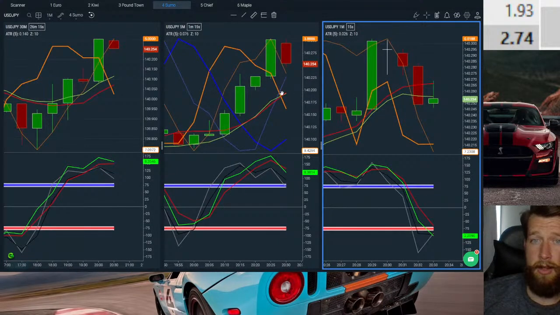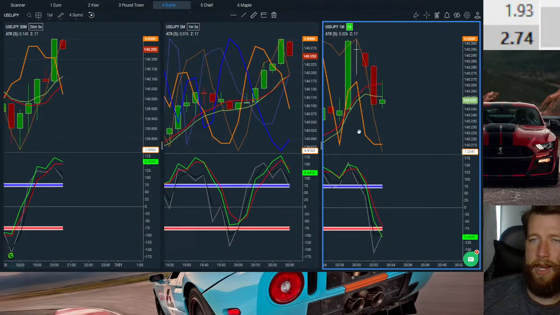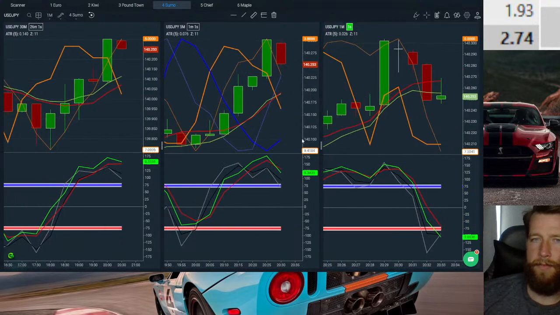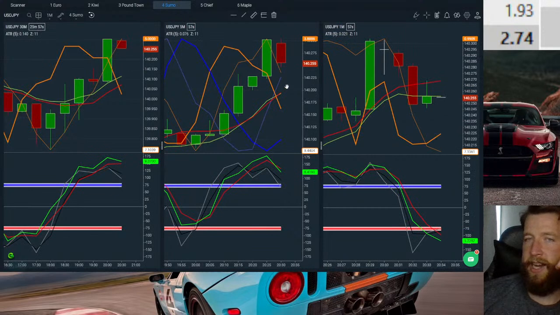And there's a cross right here, which is a very bearish signal. You know what? It might. I just haven't had the best luck taking trades when I'm looking to make a trade on a retracement.